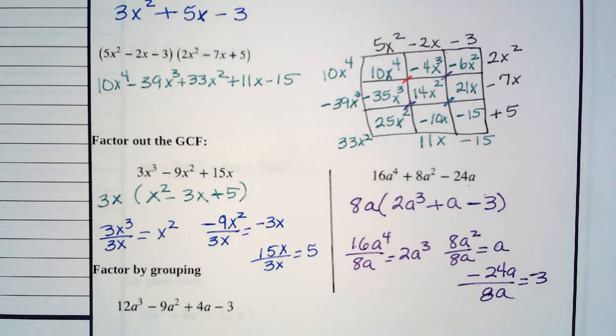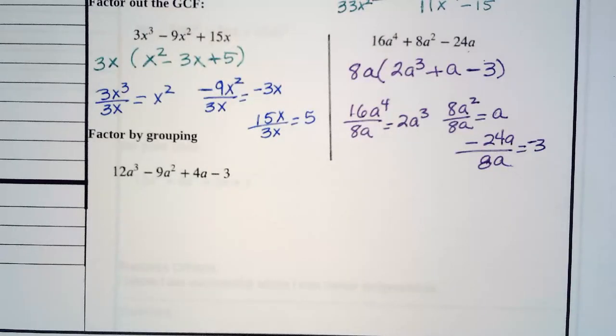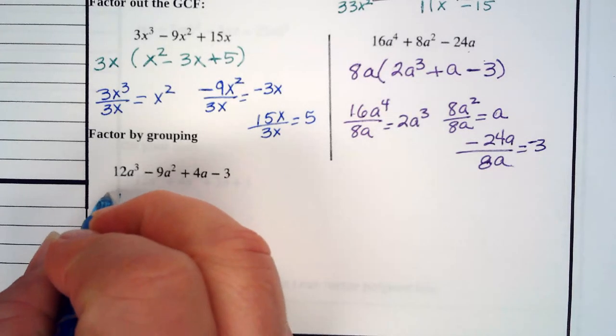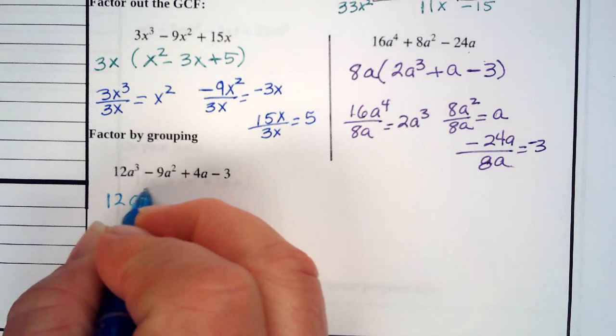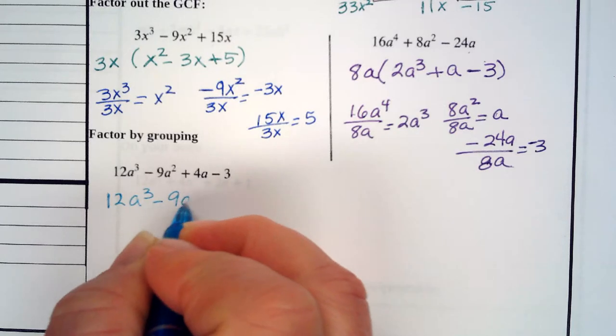Okay, when we factor by grouping, it's exactly what it sounds like. We're going to group them together, the first two terms and the last two terms, factor out their greatest common factor, and then I will show you what to do next. Okay, so 12a to the third minus 9a squared.